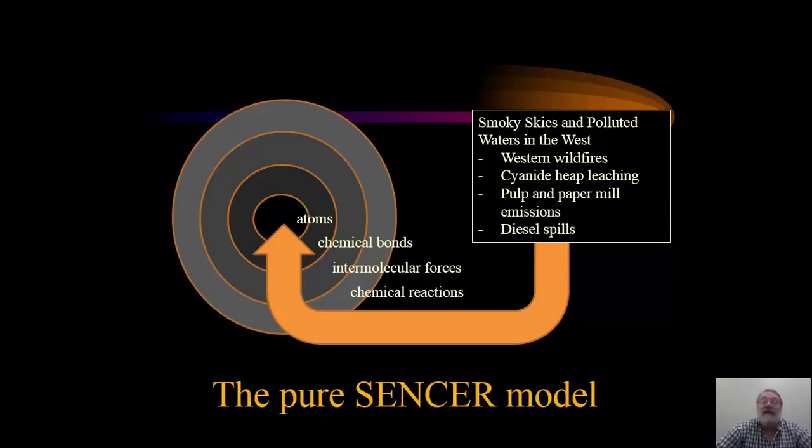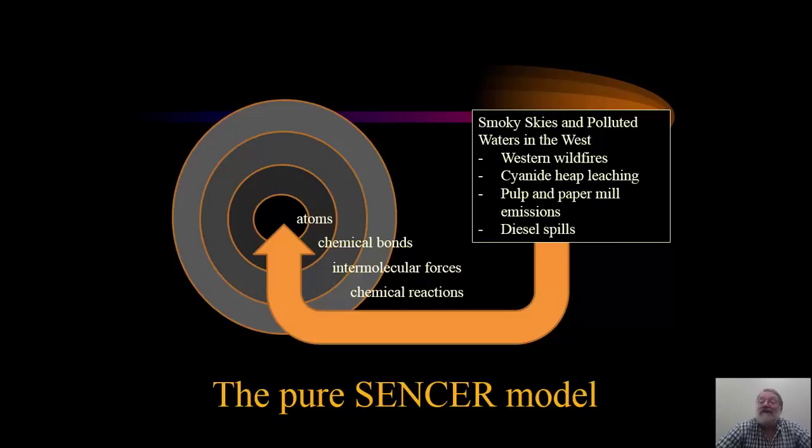Here's a graphical representation of the pure SENCER course. It would be called Smoky Skies and Polluted Waters in the West. See, a nursing school isn't going to accept that as a course title for the chemistry requirement.